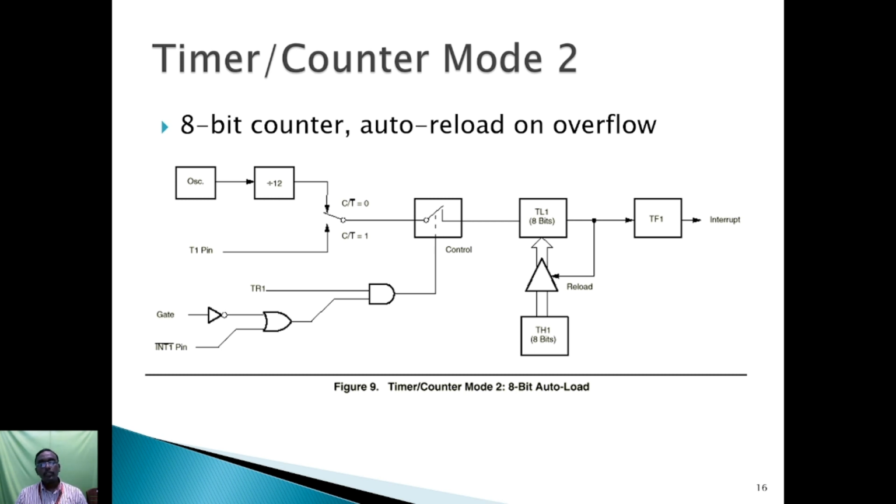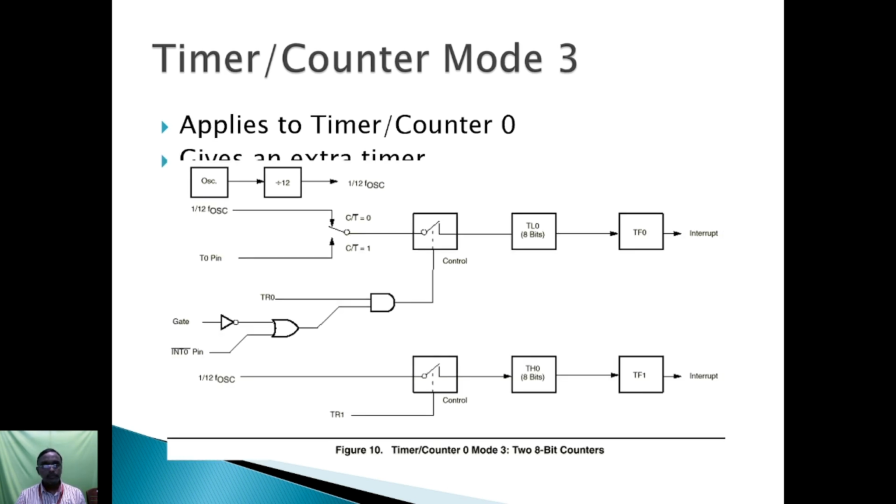It goes to 0 and reloads to 45, and it decreases one by one until it reaches 0. This is called reload on overflow. This is mode 2. Next is mode 3.